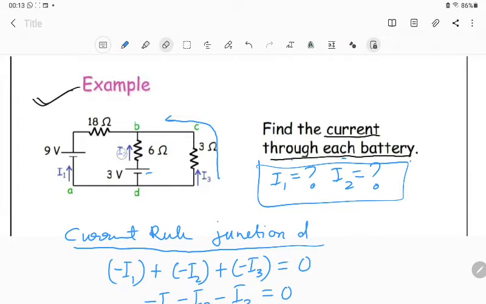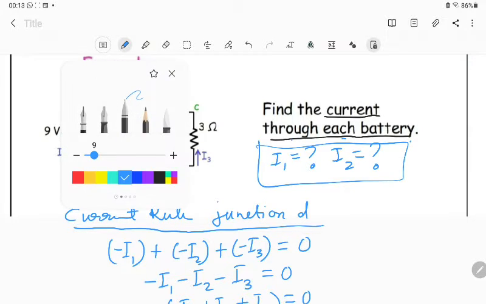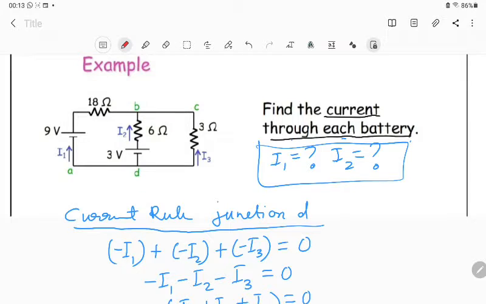For Kirchhoff's second rule, we have to make a loop. You can make the loop like this also, or like this also, it's your wish. I will make the loop in the current direction.